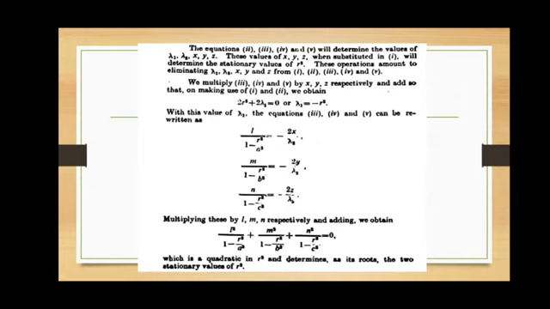Now when these values of x, y, z are substituted in equation 1, we know equation 1: r square is equal to x square plus y square plus z square, which will determine the stationary value of r square. So we substitute the x, y, z values in r square, then we get the value of r square. These operations amount to eliminating lambda 1, lambda 2, x, y and z from equations 1, 2, 3, 4 and 5.